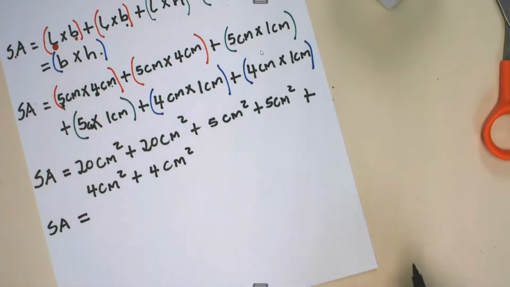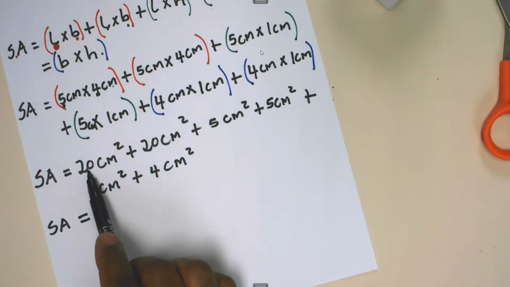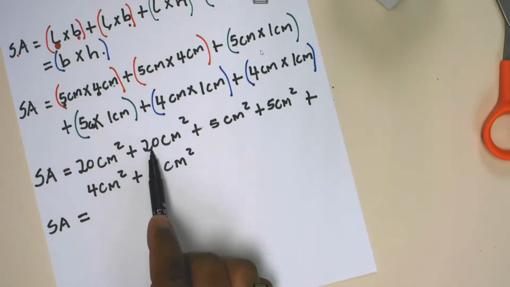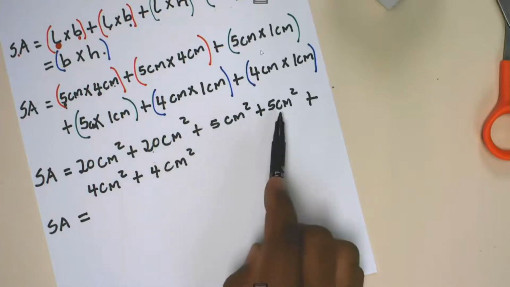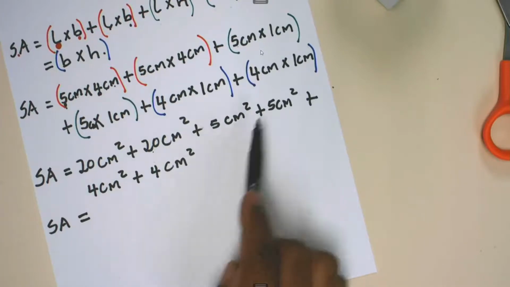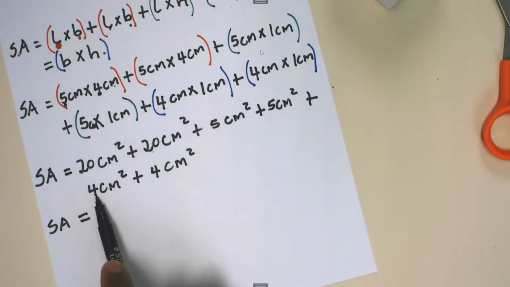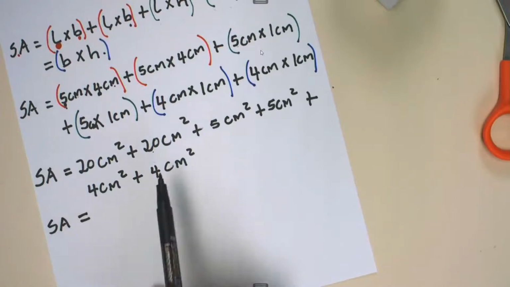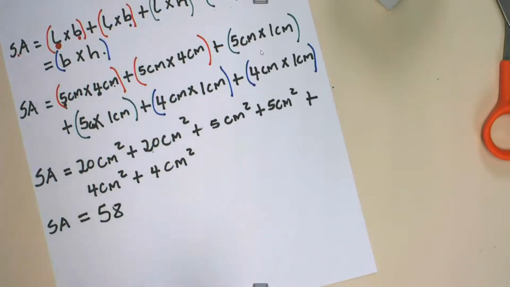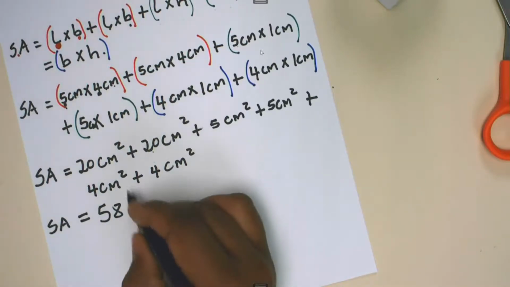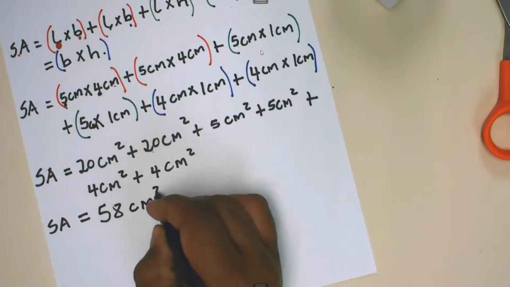And then now we add. Let us add this. 20 plus 20, it will be 40. 40 plus 5 is 45. 45 plus 5, 50. 50 plus 4, 54. 54 plus 4, it is 58. And don't forget that we need to put also the units of measurement here, which is centimeter squared.